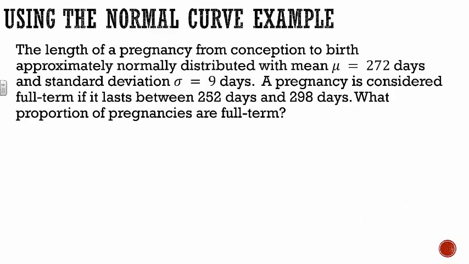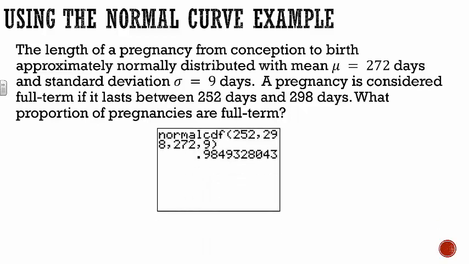Alright, going right back to that same example, this time I'm asking if a pregnancy is considered to be full term. It has to be between 252 days and 298 days. What proportion of pregnancies are actually considered full term? So again, this time I'm giving you a lower and an upper bound, and we know it's normally distributed.